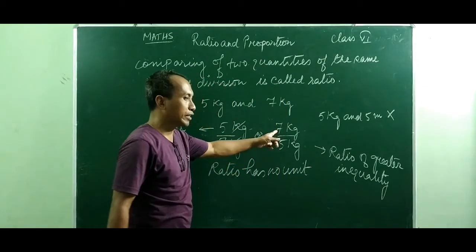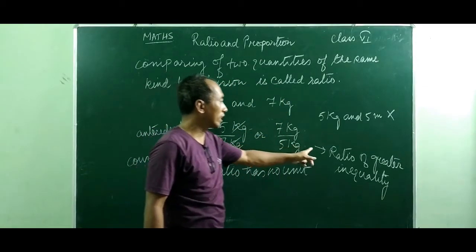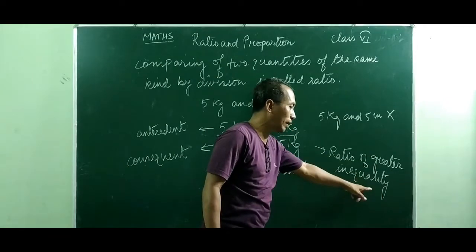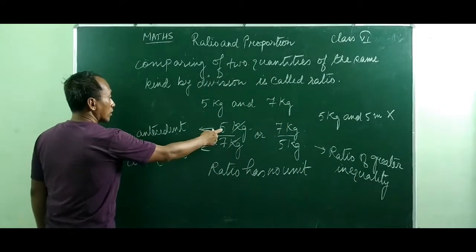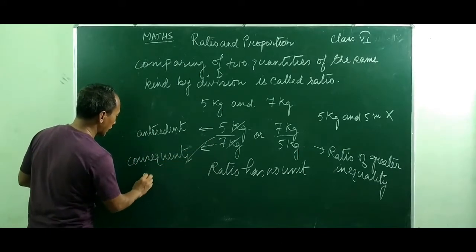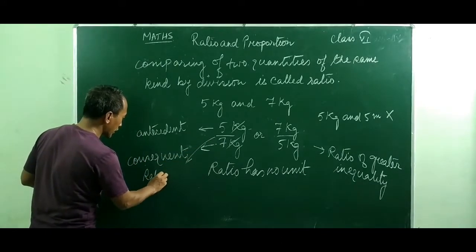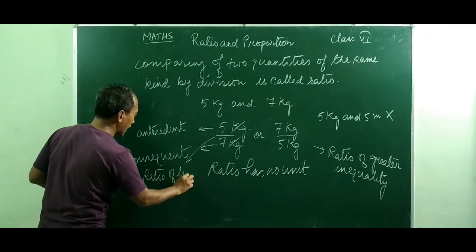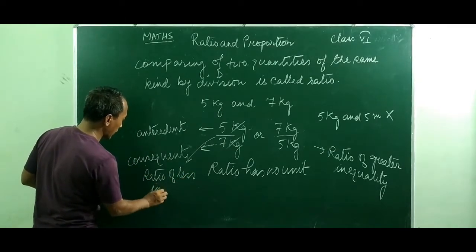If the antecedent is greater than the consequent, that is called as the ratio of greater inequality. Here antecedent is less than the consequent, so this is called as the ratio of less inequality.